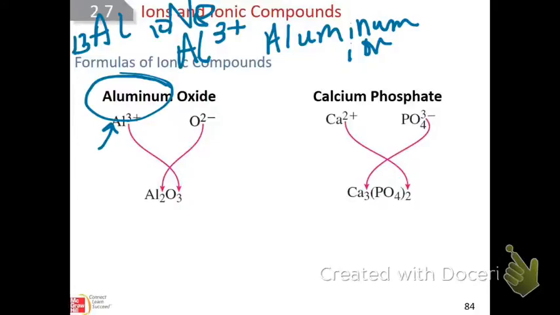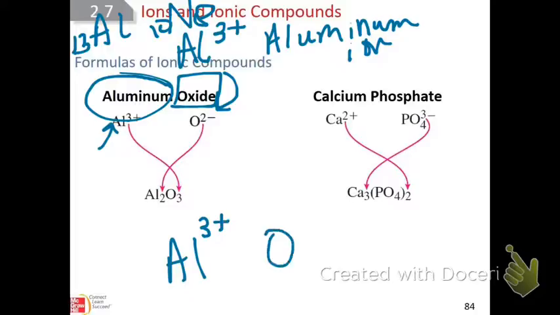Okay, oxygen, this oxide right here, that means that its closest noble gas also happens to be neon. Aluminum has this +3 now. Oxygen has this -2. And notice what they've done here. They crisscrossed these.